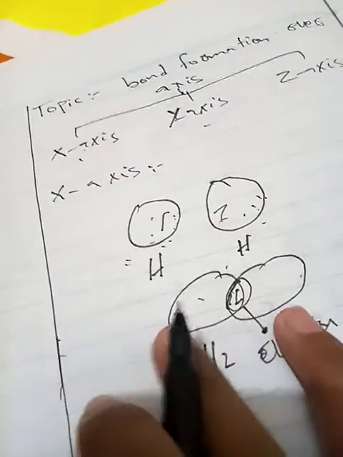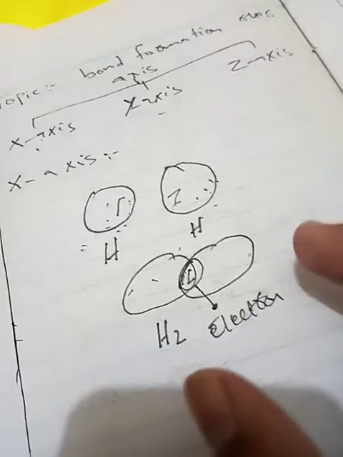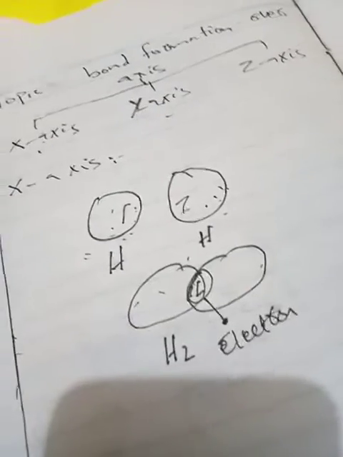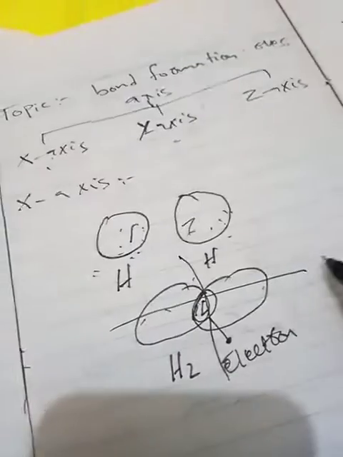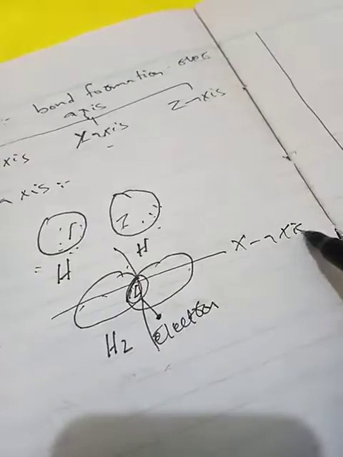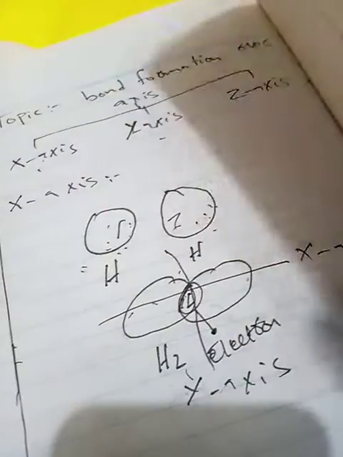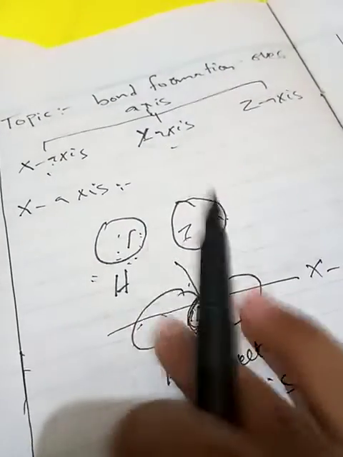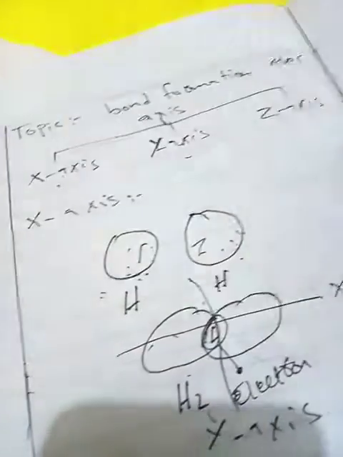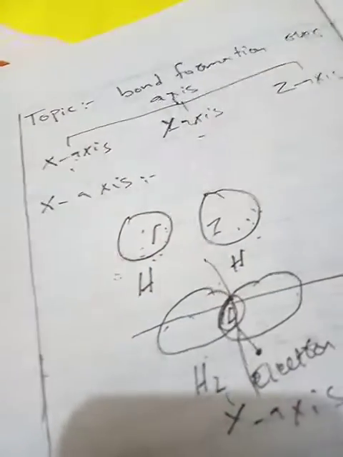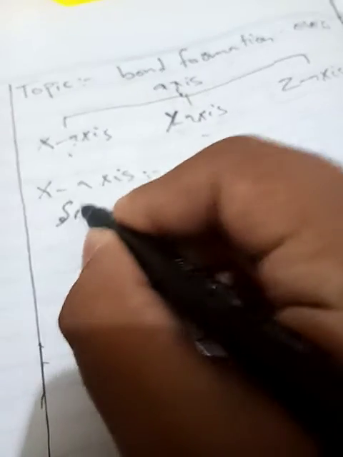This sharing is happening between two s orbitals and over the x-axis. This one is the x-axis and this one is the y-axis. So this bond is happening over the x-axis, so it is called an x-axis bond, and the name of the x-axis bond is sigma bond.